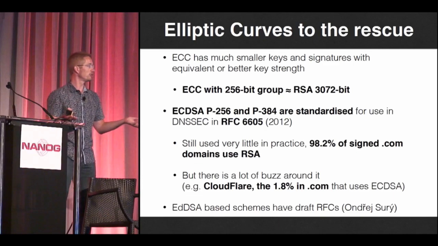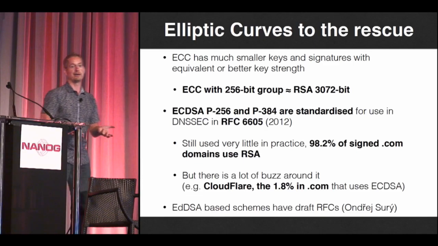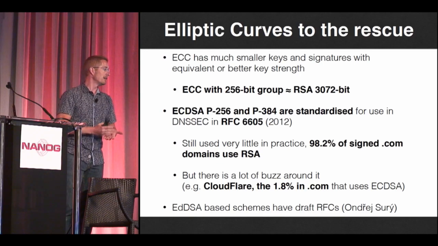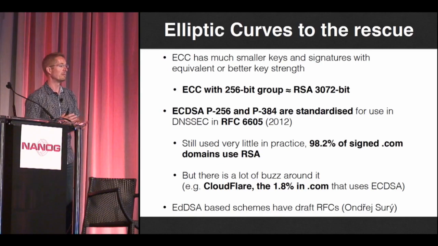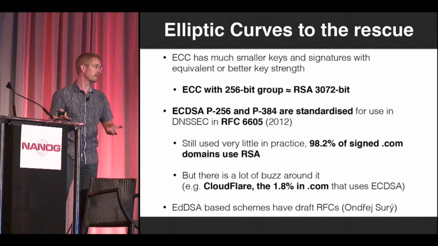So is there no solution to this problem? Well, we think there is, because there are good alternatives to RSA, and the most obvious one is to use elliptic curve cryptography. Now, ECC has very nice properties because it gives you much smaller keys and much more cryptographic strength.